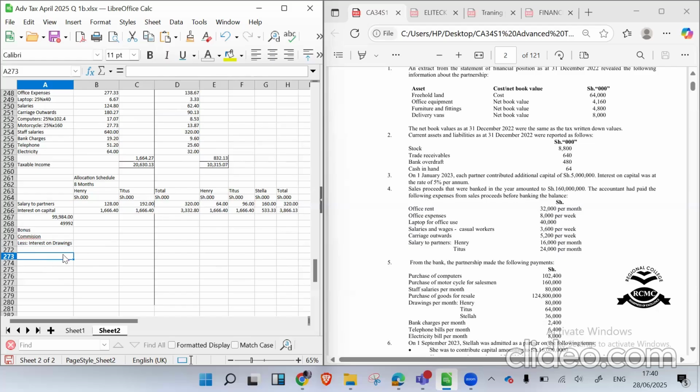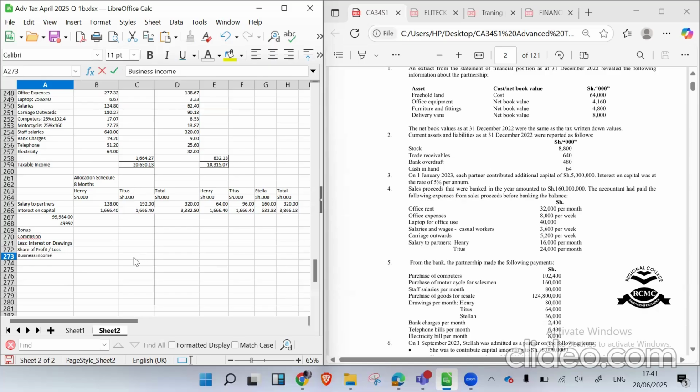Okay. So you skip one line, then you talk about, you don't even skip one line. Here we need to ask ourselves, what is the share of profit or loss? Then we have the business income, taxable business income, ile tulikuwa nayo pale juu.